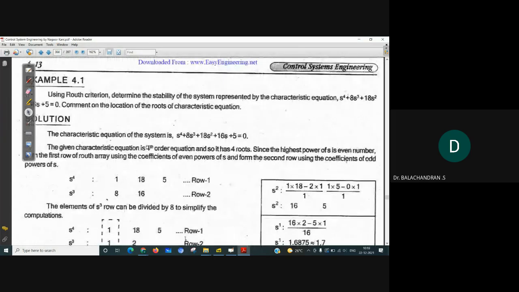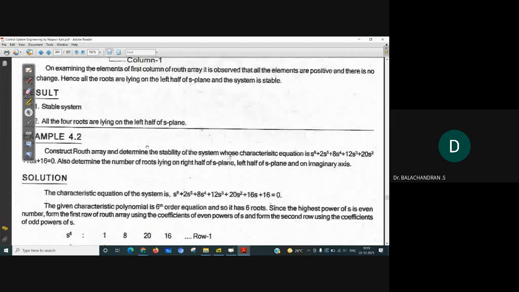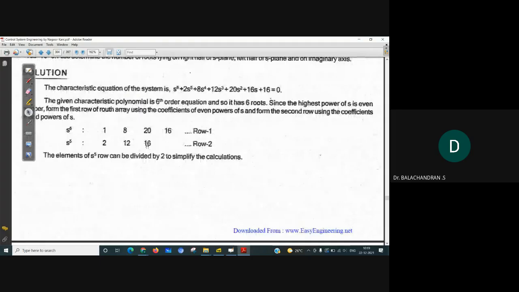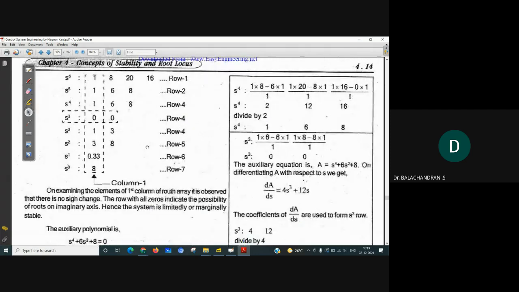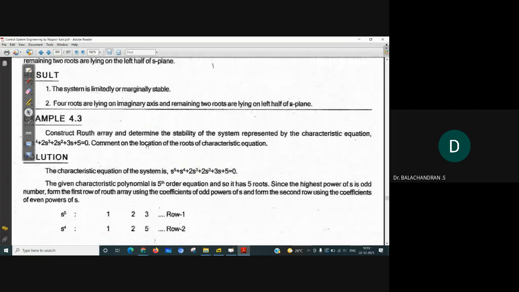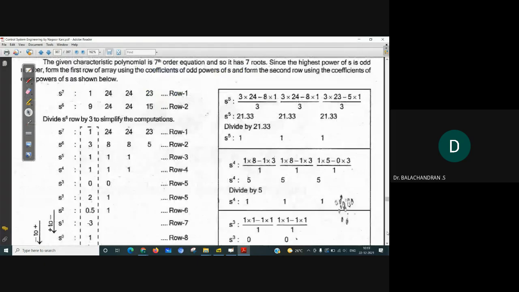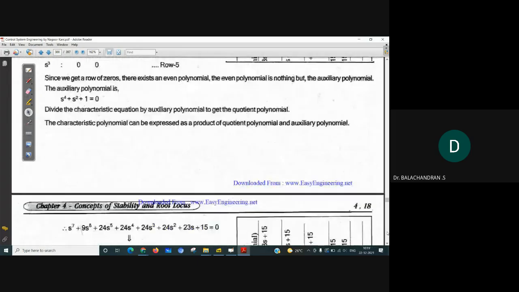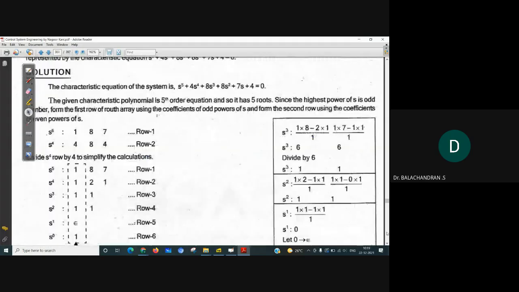Here is the first problem, but in this book nearly 10 problems are there. I explained only 3 problems in each case. If you are interested, please go through the remaining problems, 4.3, 4.4, 4.5, 4.6. At least try to solve some of the basic problems.